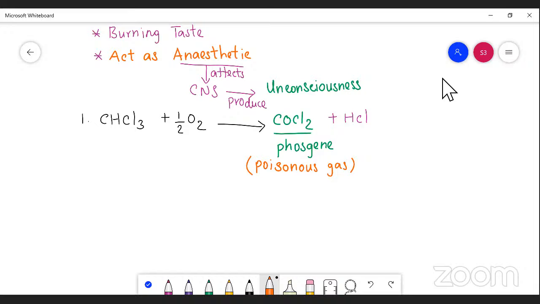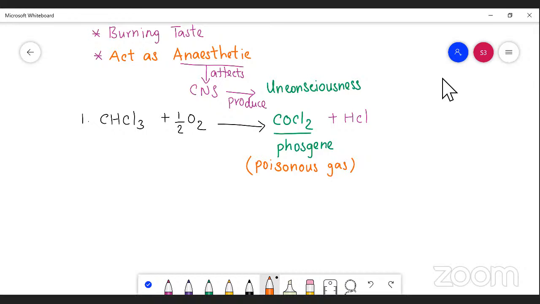So what will happen here? Chloroform is utilized as an anesthetic. While we are inhaling oxygen, it will produce phosgene as a poisonous gas. Then the patient dies. So previously we were using chloroform for operations, and the operation was a success, but the patient died. Why?